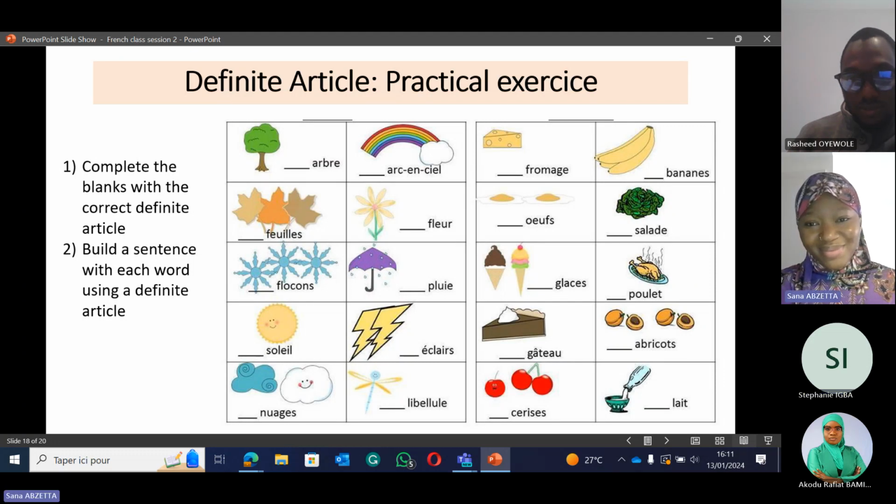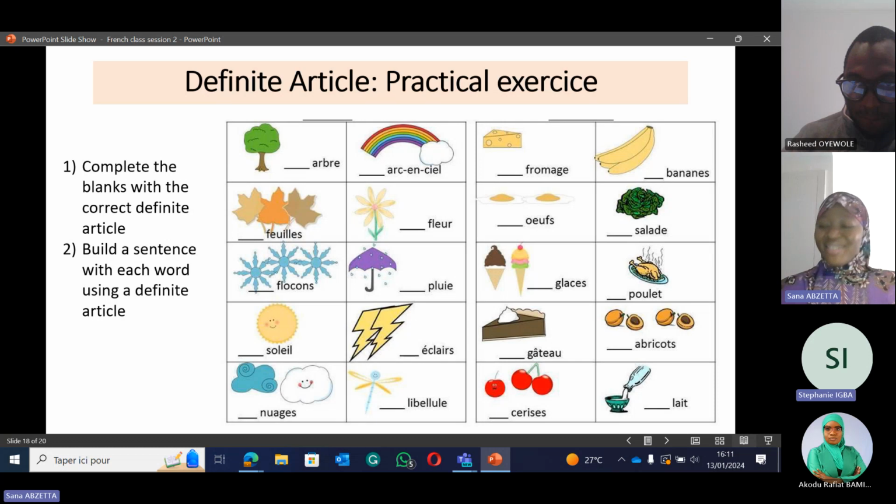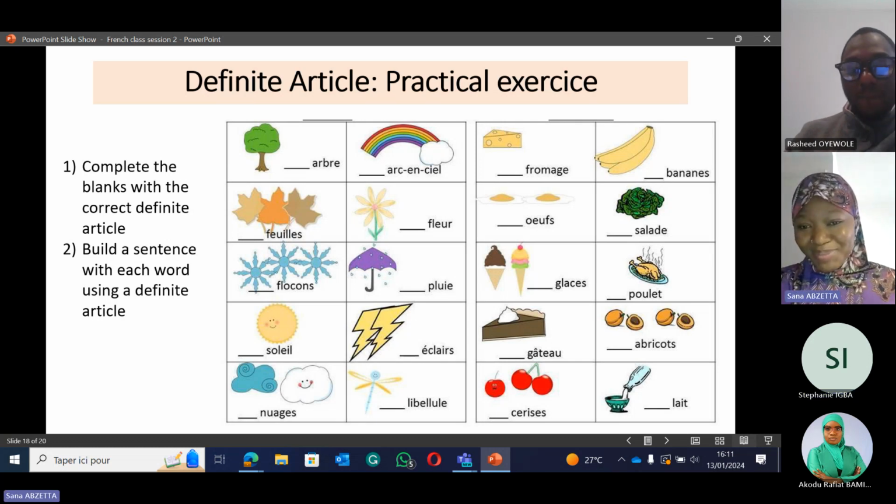J'adore le banane. I love banana. Good. Rafiat? What did you say? If you can try to build a sentence with one of the words using a definite article.